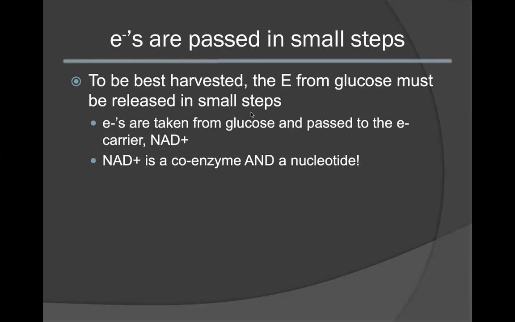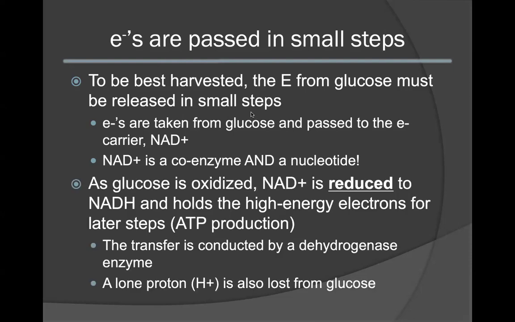Electrons are going to be taken from glucose and passed to an electron carrier, specifically NAD+. NAD+ is an important electron carrier in the cell. NAD+ is also considered to be a coenzyme and a nucleotide. As the glucose molecule is oxidized, those electrons are going to be taken from the glucose molecule in a high energy state.